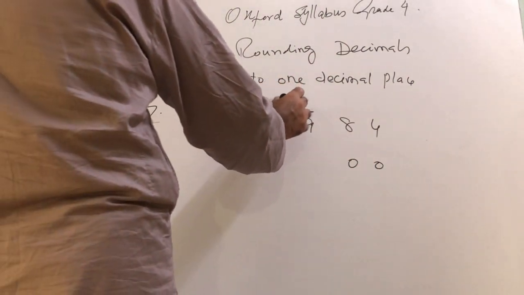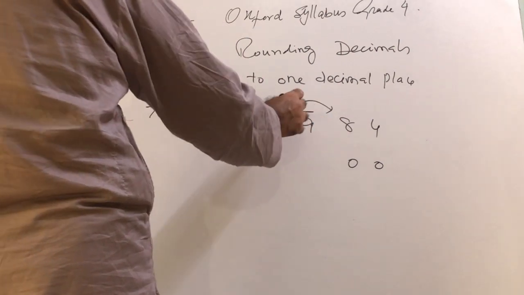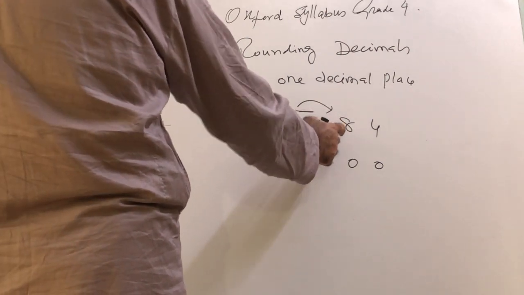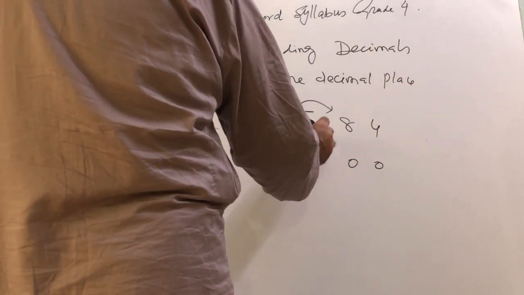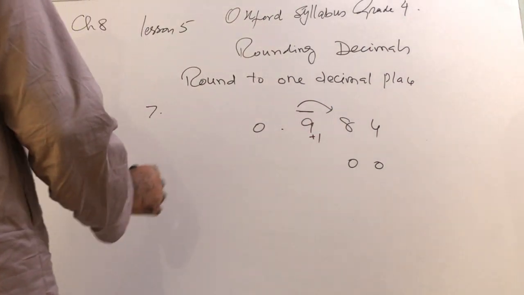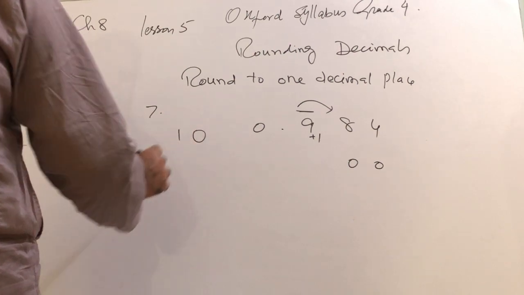But the immediate right neighbor of 9 is 8, which is greater than 5. So we will be putting 1 here. 9 plus 1 is 10.